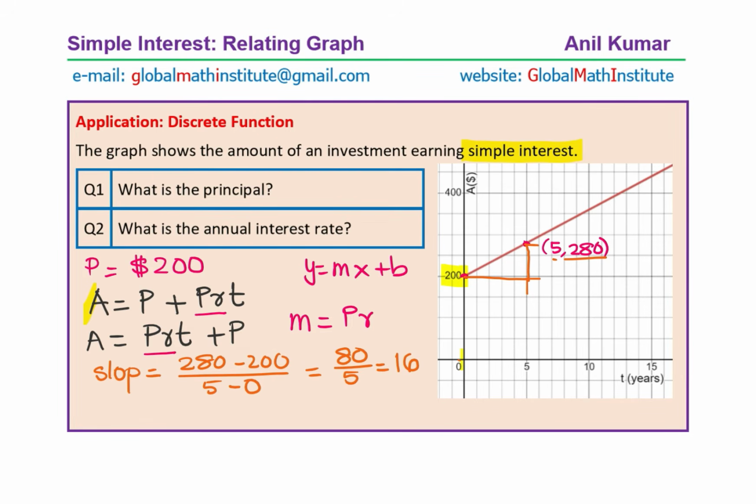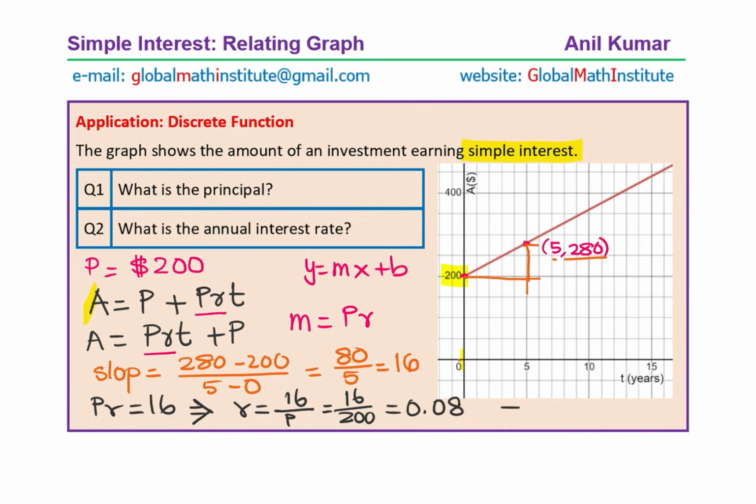Now this gradient 16 is equal to P times R, so P times R is equal to 16. Since we know the value of the principal, we can find the rate of interest, which will be 16 divided by P, or 16 divided by 200. That gives us 0.16 divided by 2, or 0.08.